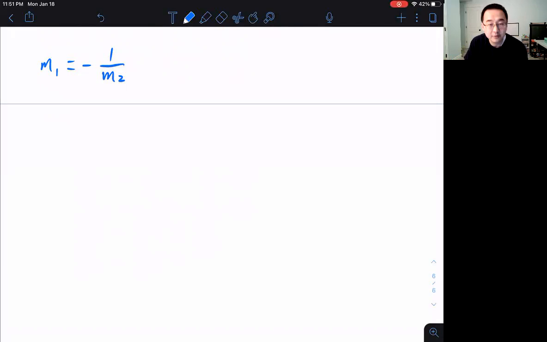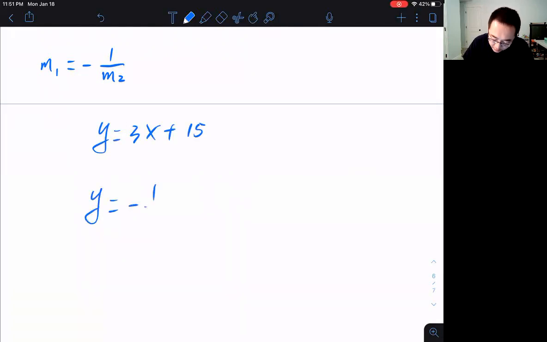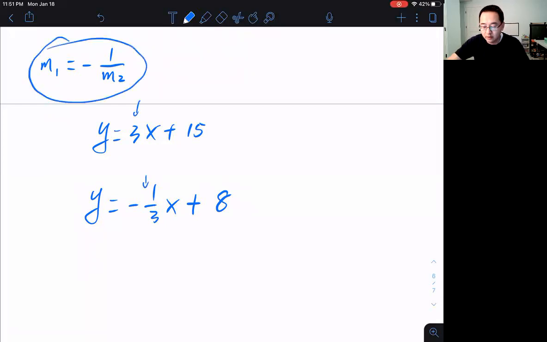But if you have any other lines that aren't vertical, let's say you have y equals 3x plus 15, and another one that's y equals negative 1/3 x plus 8, these two lines are perpendicular, because the slopes right here and right here satisfy the rule given right there.